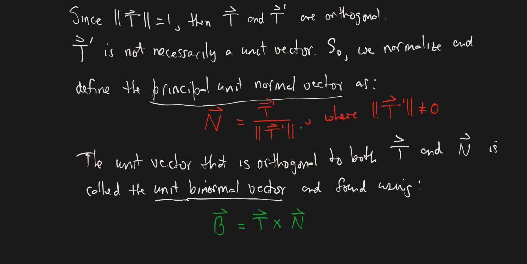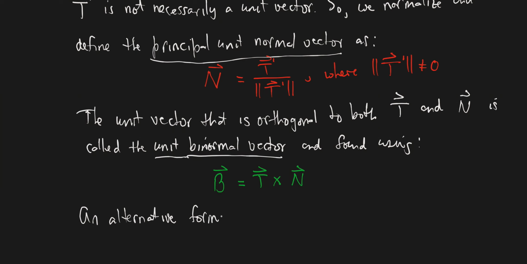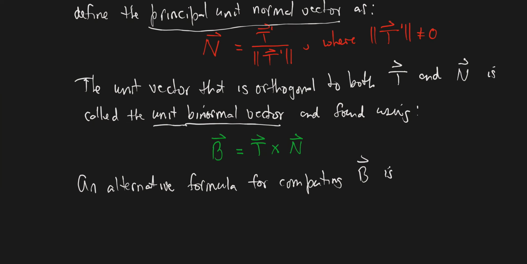So an alternative formula for computing B is, let's write that one in green as well, since it's the same vector, just a different formula.